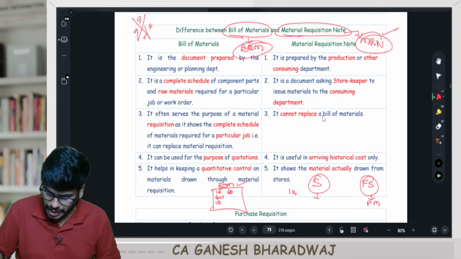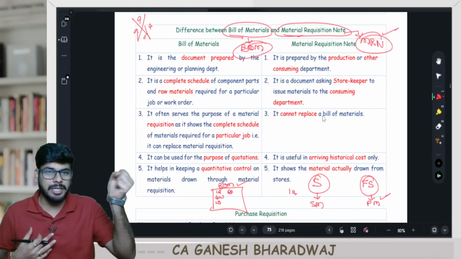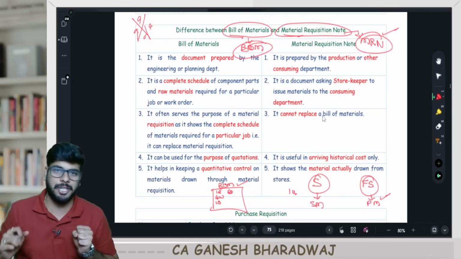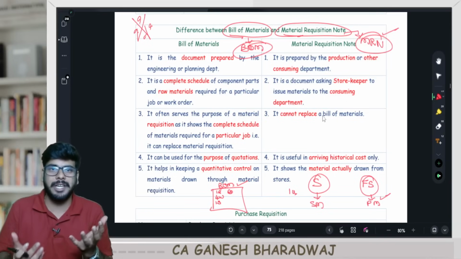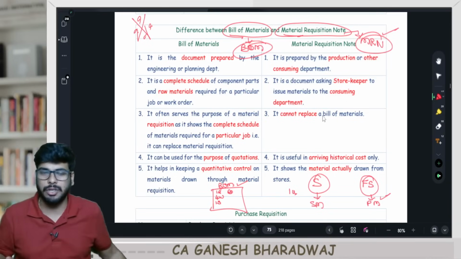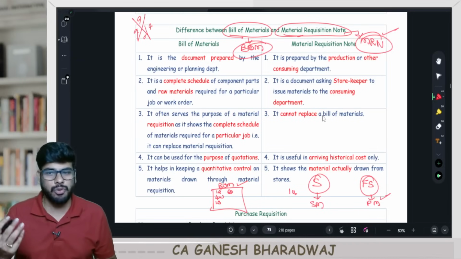The head of the stores area is your stores manager. Obviously, to start production, the production manager requires the raw material to be fed into the machines, right? So he needs the raw material to move from the stores area to the factory shop, so he will request raw material from the stores.